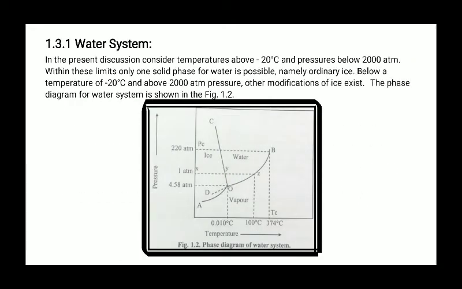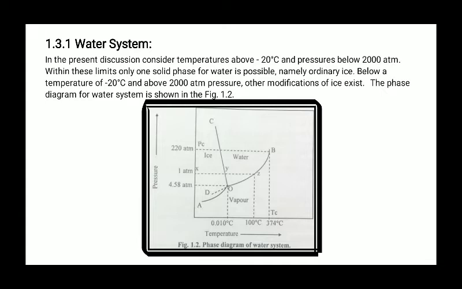See here, for example, the water system. In the present discussion, consider temperatures above -20 degrees C and pressures below 2000 atmosphere.